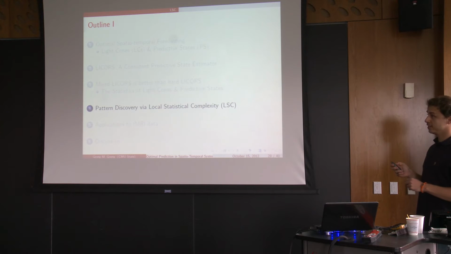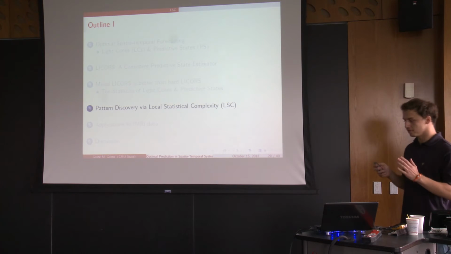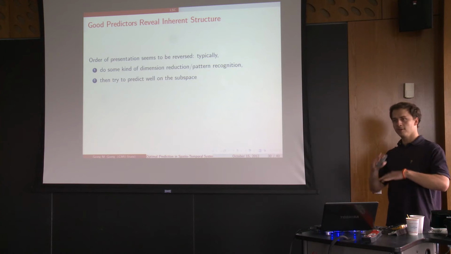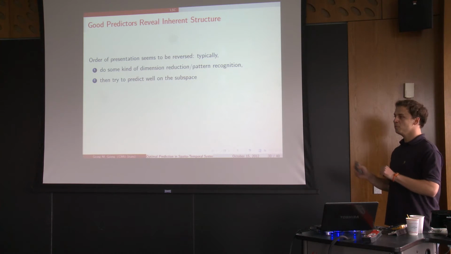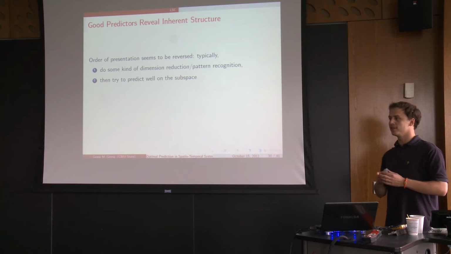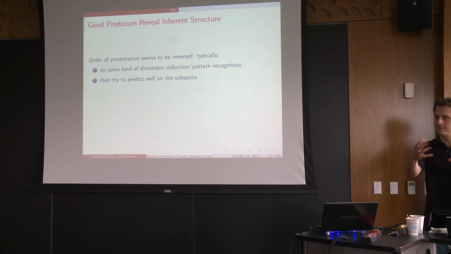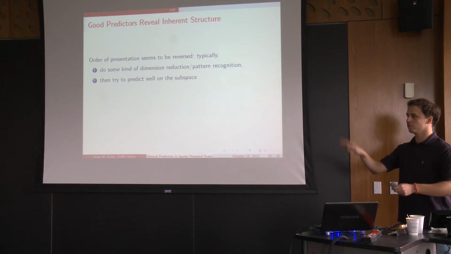And now the last topic is pattern discovery. And normally when you talk about prediction and pattern discovery and dimension reduction, you would usually do it the other way around. You would first do dimension reduction, find the signal, and then predict, because you don't want to predict the noise.